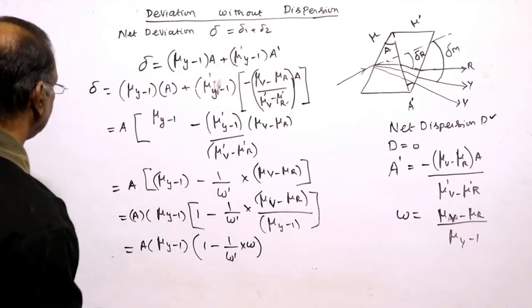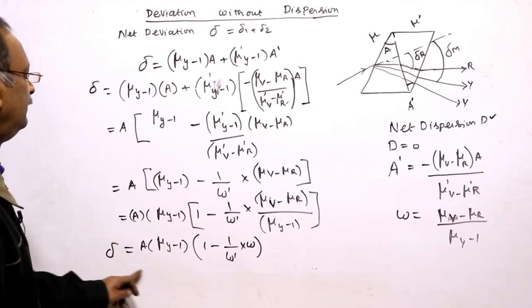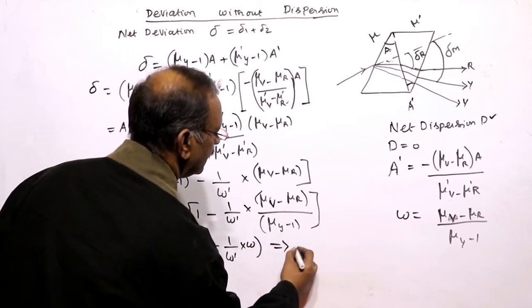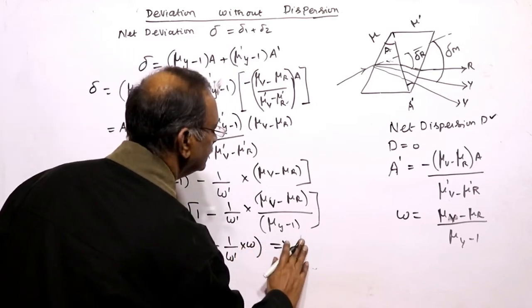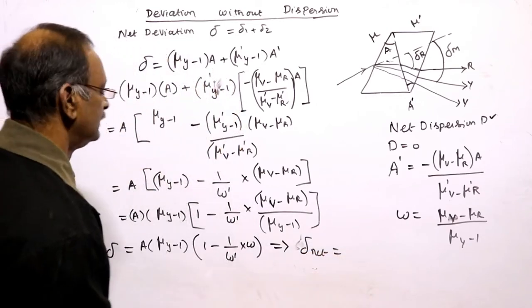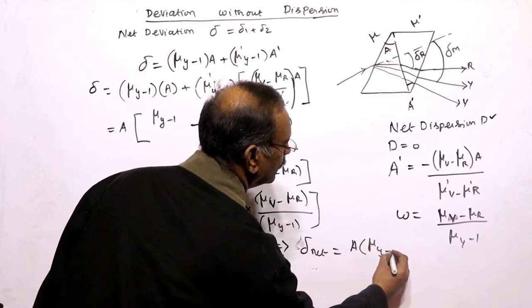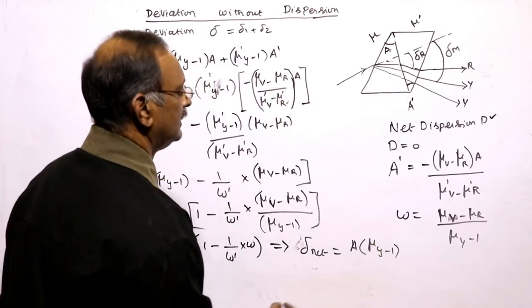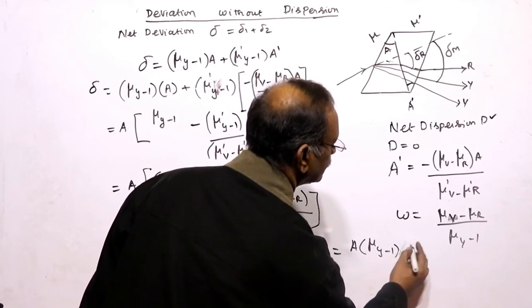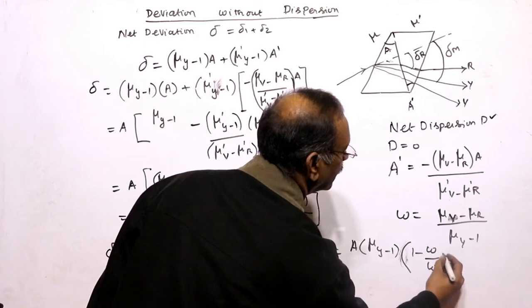So we can write the net deviation produced is equal to A into refractive index of yellow minus 1 into 1 minus omega divided by omega dash.